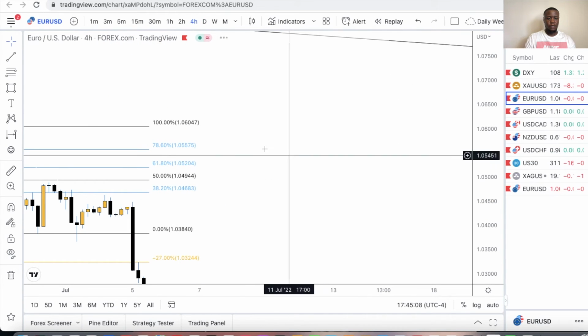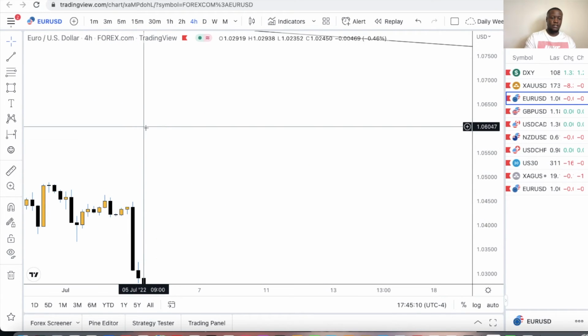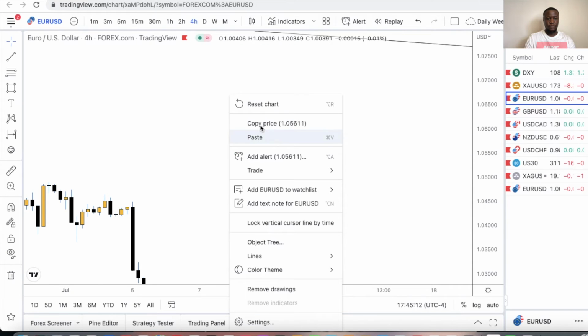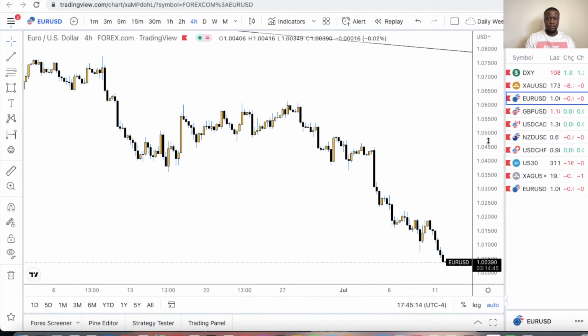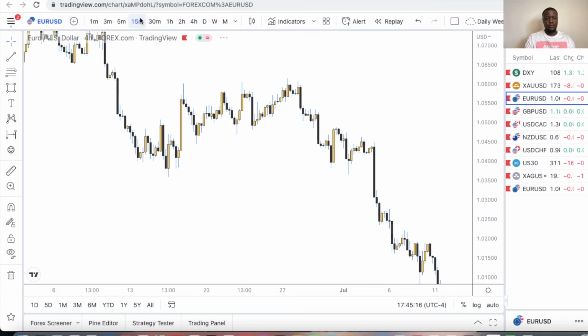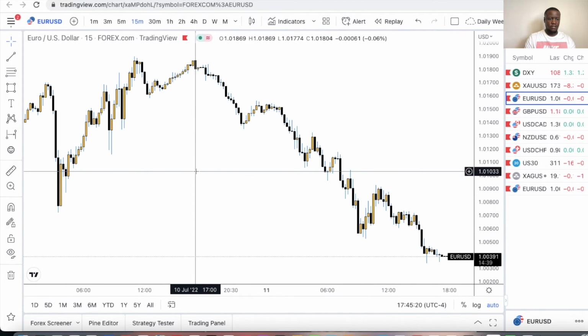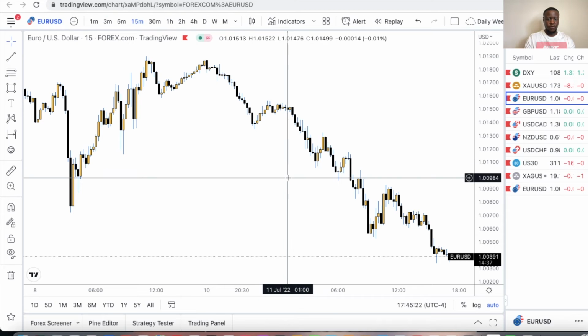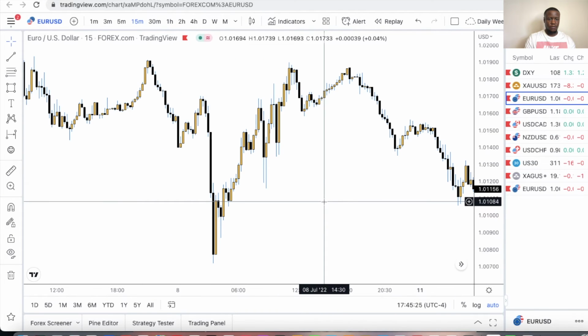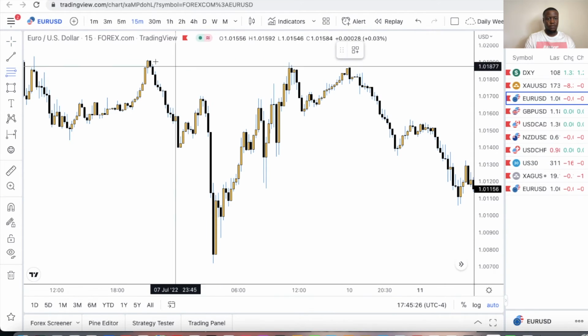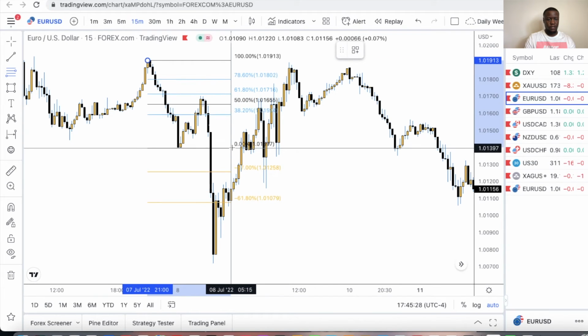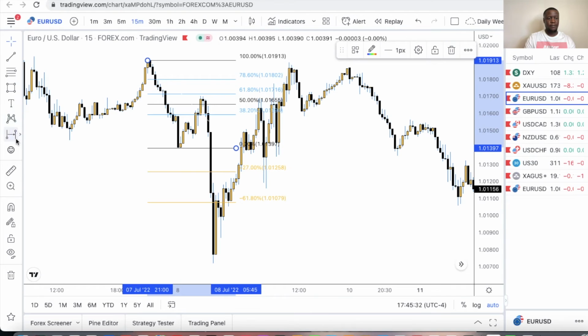And lastly, we have scalps. So scalps is pretty much on the lower time frame, and you're just constantly looking for quick in and out moves. So something like this, 15 minutes time frame.